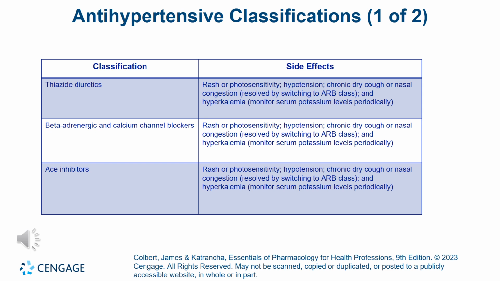Atenolol should not be used to treat hypertension because this drug has no effect in reducing cardiovascular events and mortality. Side effects with these include rash or photosensitivity, hypotension, chronic dry cough or nasal congestion, resolved by switching to the ARB class, and hyperkalemia, and you would want to monitor serum potassium levels periodically.